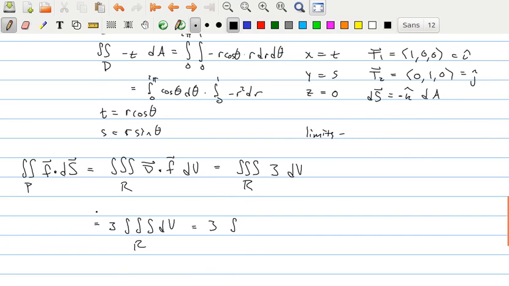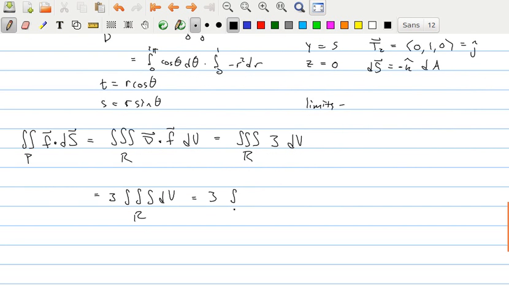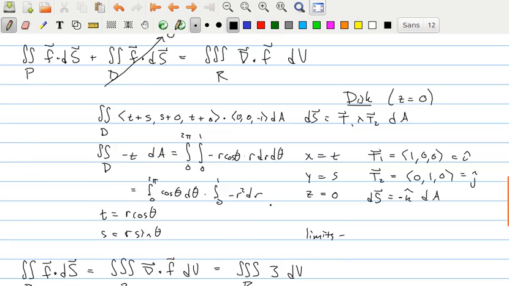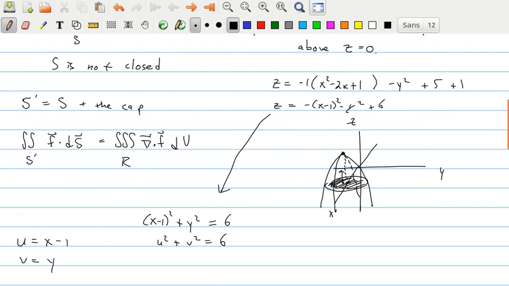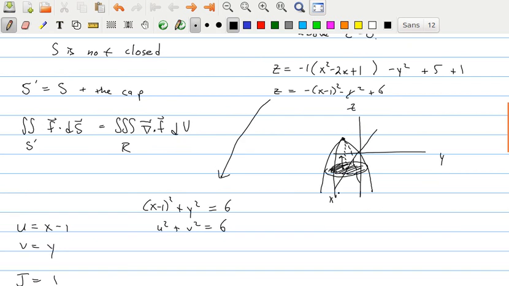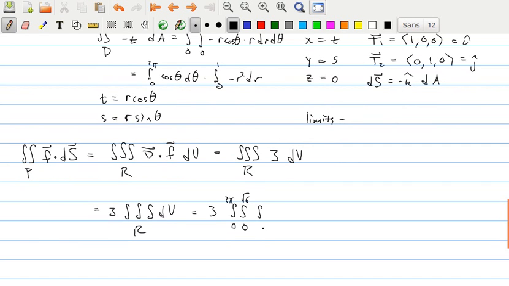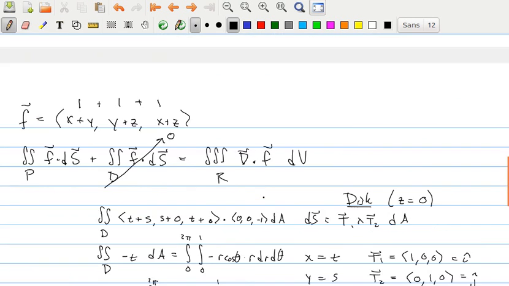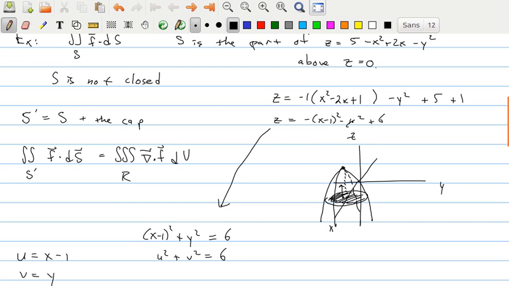If we go back and look at what we've got here, our outer two variables we're going to take to polar. So theta goes from 0 to 2 pi, r goes from 0 to square root of 6, because that's the radius of the circle. Then z goes from the bottom surface, which in this paraboloid shape was z equals 0, to the top surface, given by the paraboloid, which we have this formula for right here.